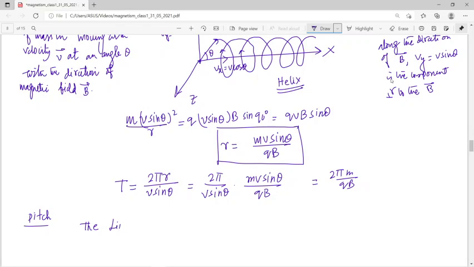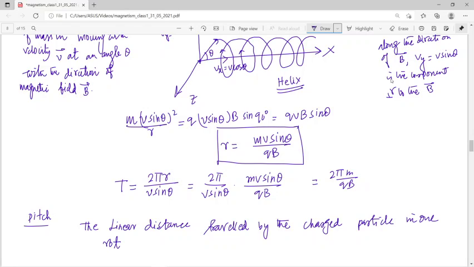It is nothing but the linear distance that is traveled by the charged particle in one rotation. That is called the pitch of the helix.